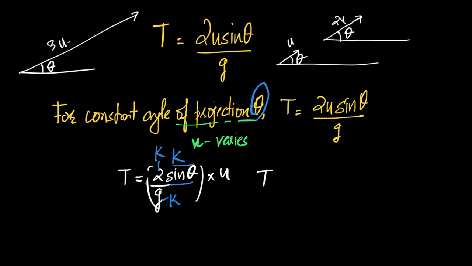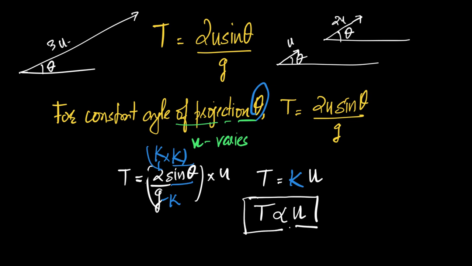So we have T is equal to a constant into a constant, which is a constant. That constant divided by a constant will be another constant. So we have T is equal to k into u, or in other words, T is proportional to u.